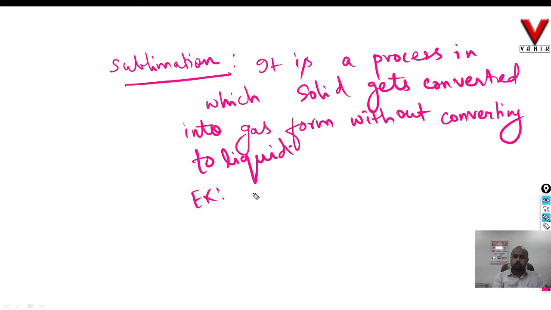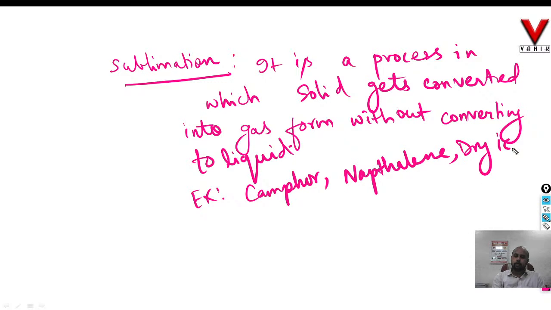Examples: camphor, naphthalene, dry ice, etc.